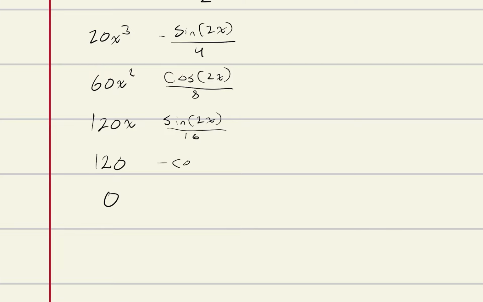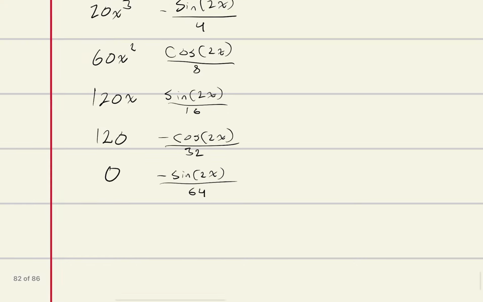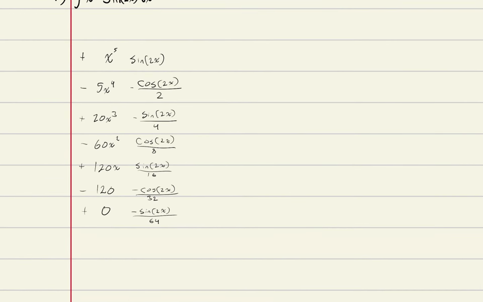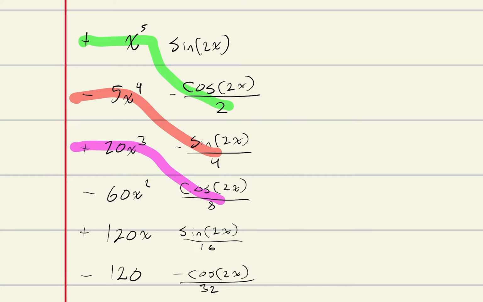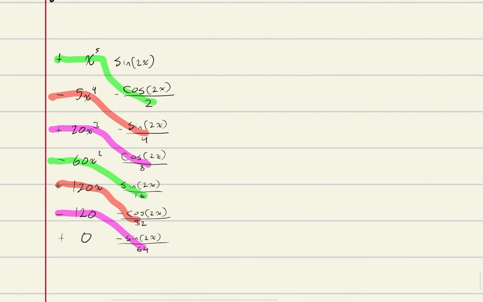And we get negative cosine of 2x over 32. And we'd get negative sine of 2x over 64. And we have our sign changes right here, and those would just alternate on the side. Next, we match up these items, and here comes the easy part. We just write it down.